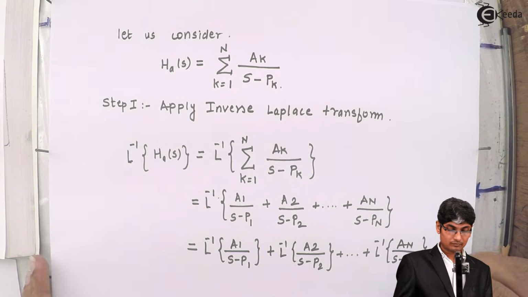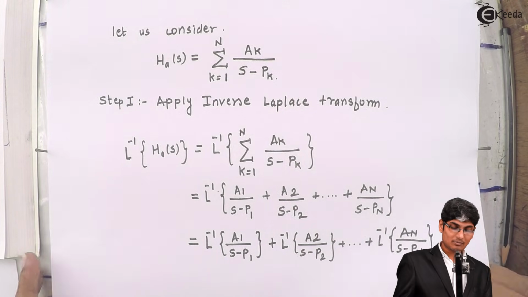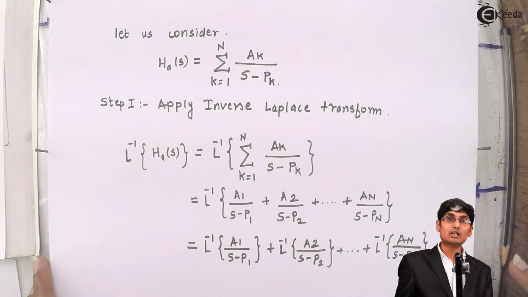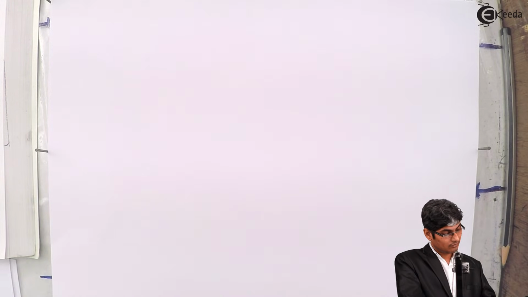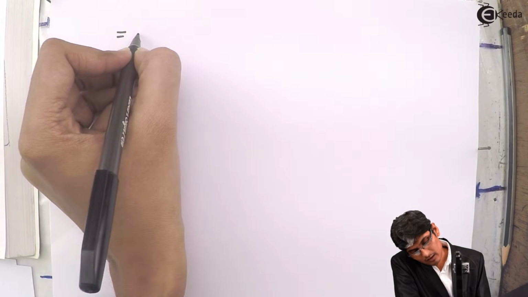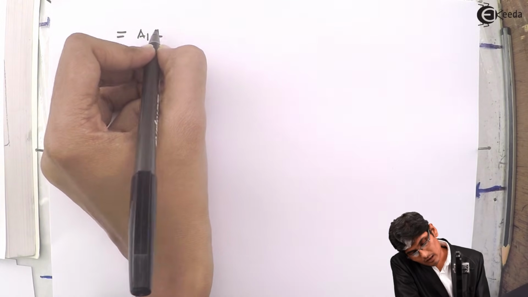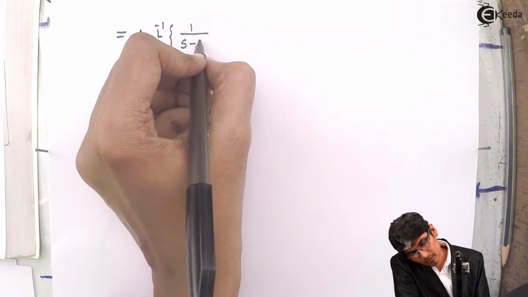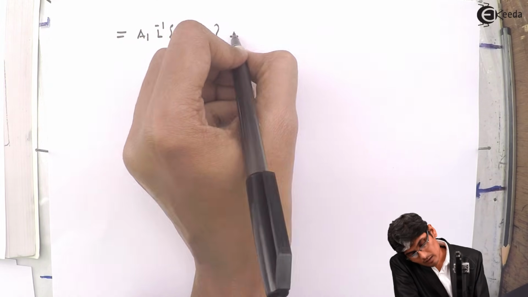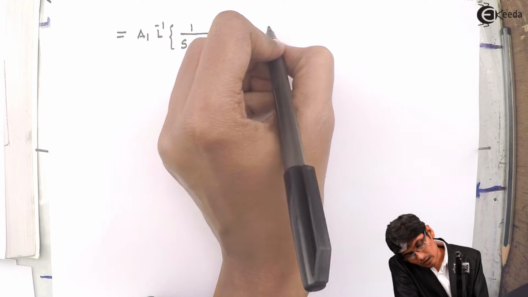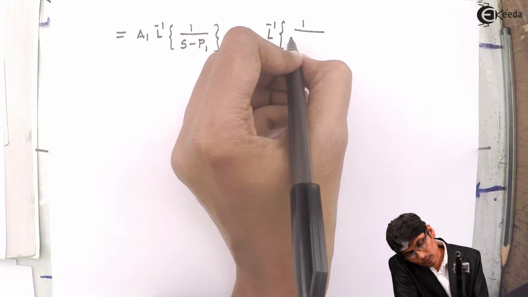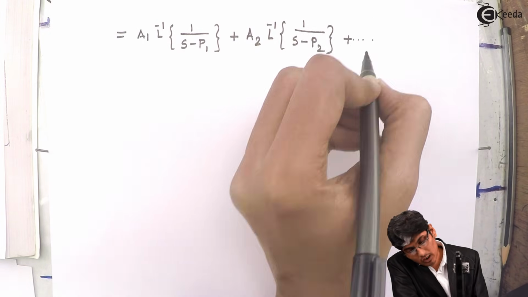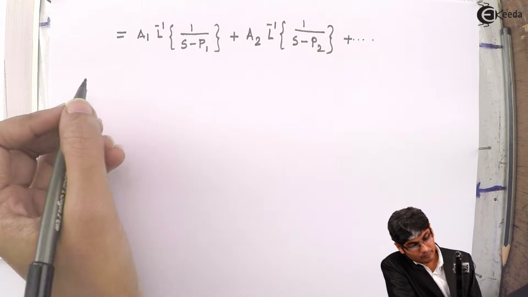Okay, now because it's a linear operator, all the constant values will come out of the Laplace operator, and you will get the function as a1 Laplace inverse of 1 upon s minus p1 plus a2 Laplace inverse of 1 upon s minus p2 plus so on for the n values.